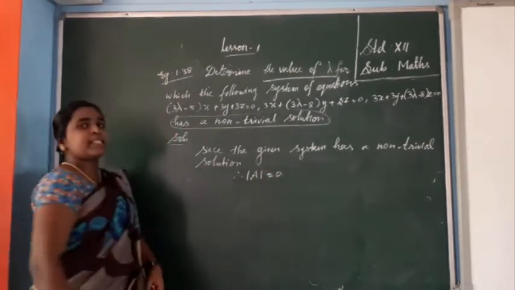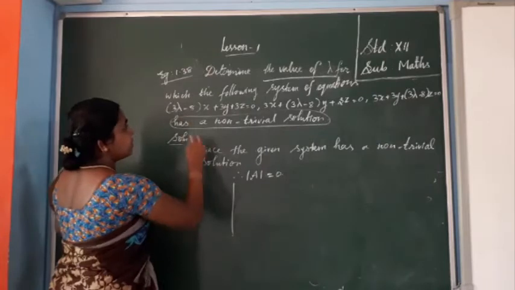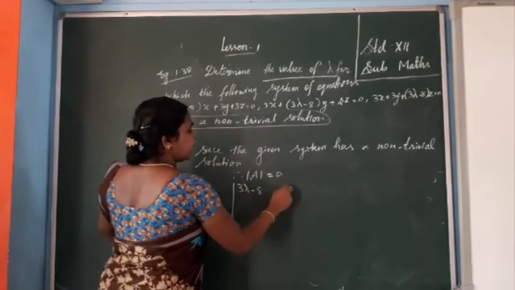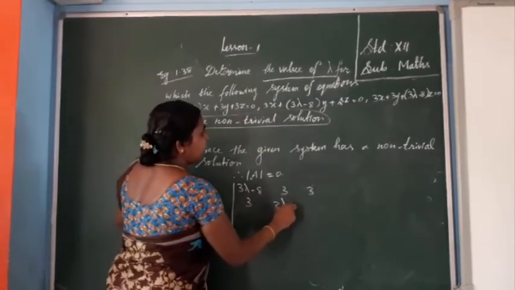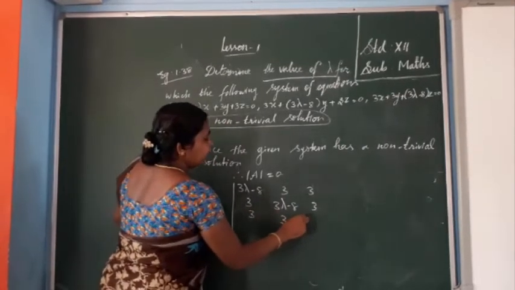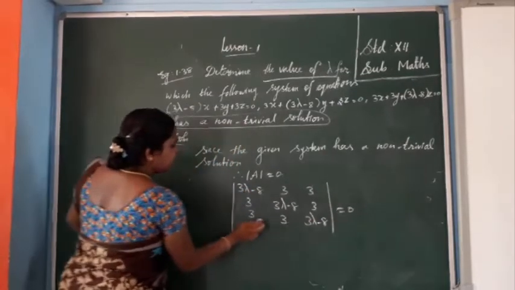Now you can write the A matrix. A is: 3 lambda minus 8, 3, 3. Next row: 3, 3 lambda minus 8, 3. The third row: 3, 3, 3 lambda minus 8. This is A, so determinant of A equal to 0.